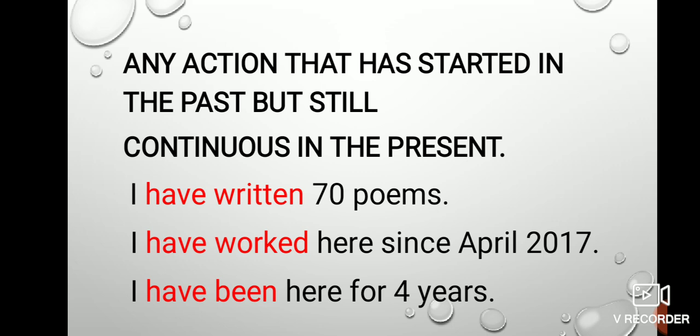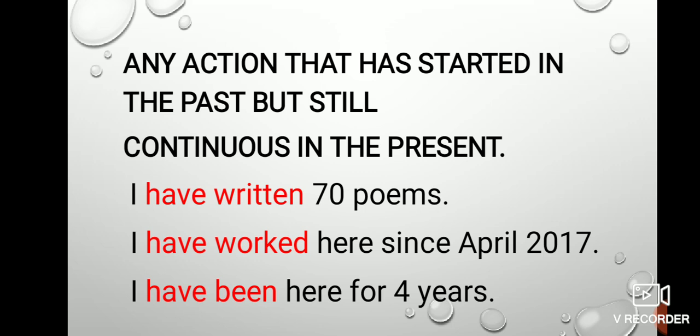Okay, so how long I am working: for 4 years. Okay, children. So to show a time period, or how long this particular thing is happening, even though it's starting from the past, but still I'm working, so still it continues in the present. For that sake you can use present perfect tense. In the present perfect tense, since and for, these two things will come.